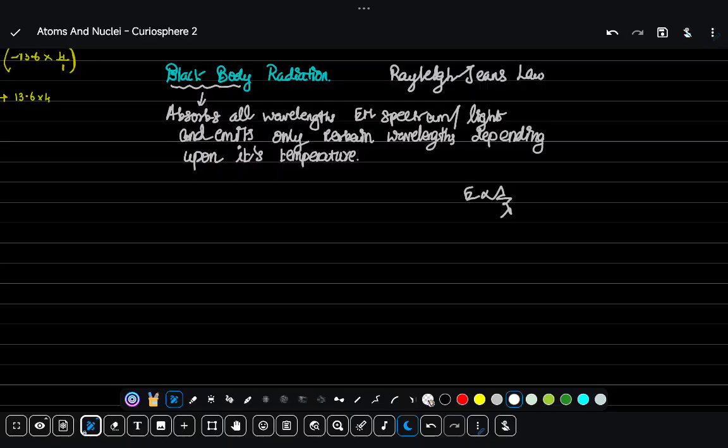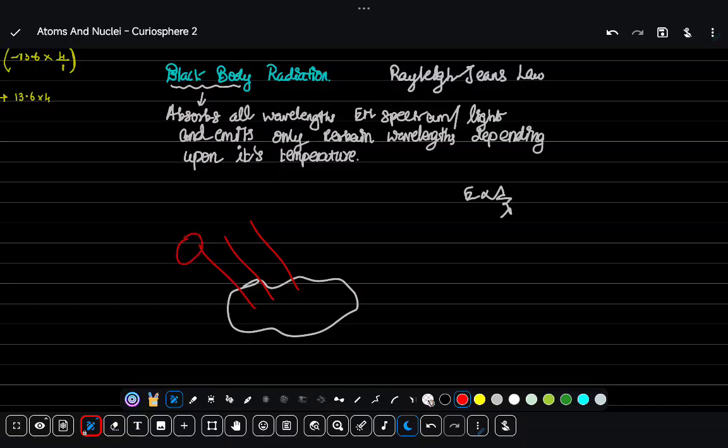For example, a wavelength strikes the black body and it re-emits a set of wavelengths, a pack of wavelengths. In what way does it re-emit? Assume this is the black body, and there are 3 waves coming.